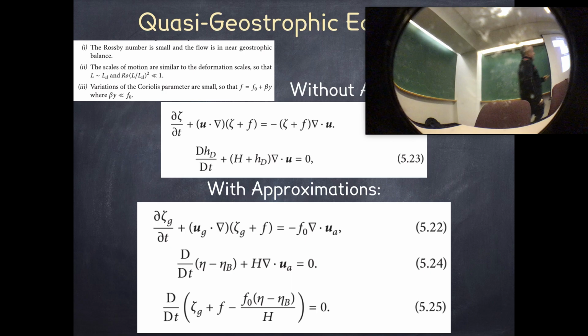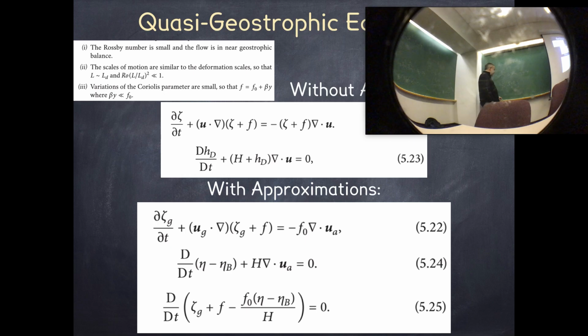This is the linearized potential. Linearized in what? What is the small parameter that we linearize from this to get that? Small Rossby.